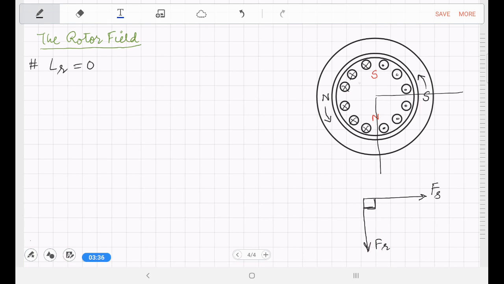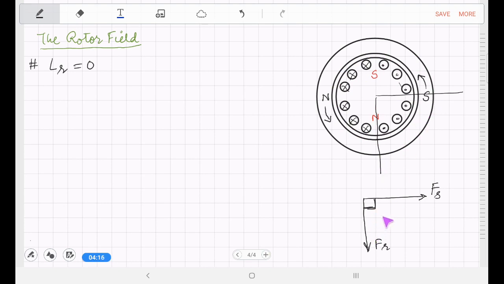Now, as the stator rotating magnetic field rotates, what happens? The distribution of the EMFs and the currents in the rotor will follow the rotating magnetic field, and therefore as the rotating magnetic field rotates, the EMFs and currents also follow it, so the rotor field will also follow the stator field, and there will always be a relative phase displacement of 90 degrees.